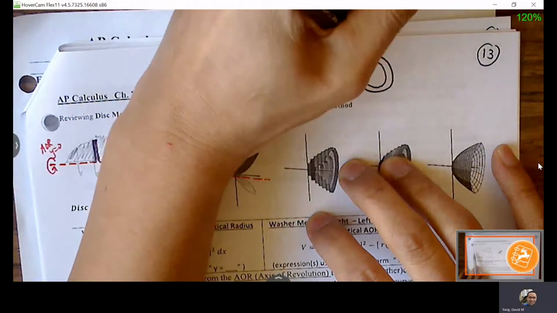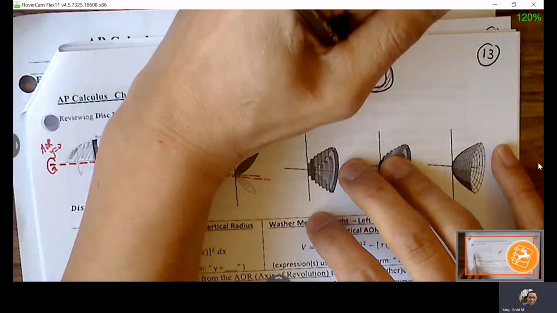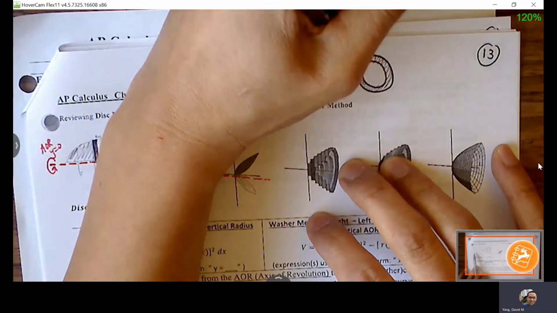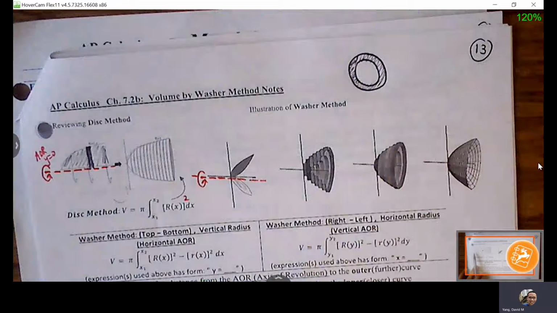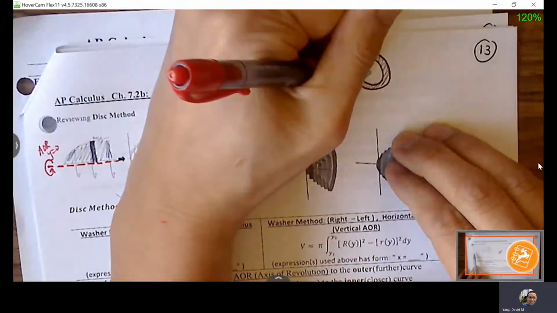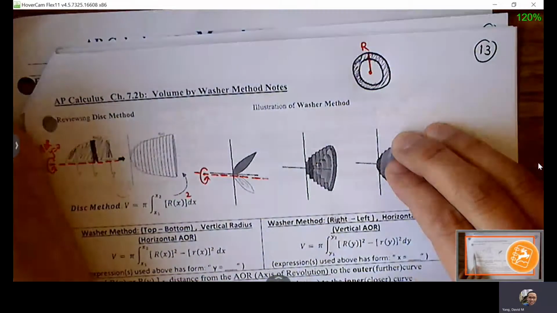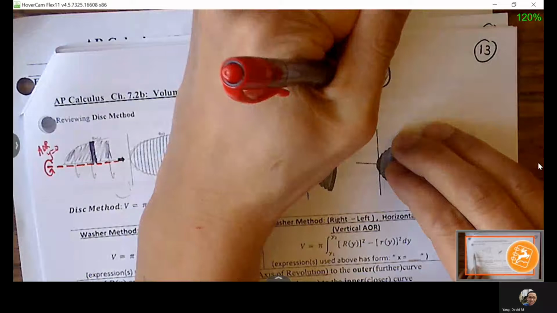So circular ring. What information would you need to find the area of that shaded circular ring portion? Yeah, radius of the big circle and the radius of the small circle.